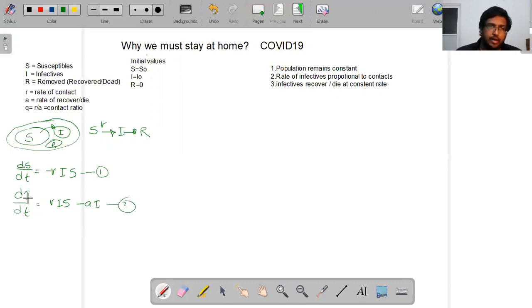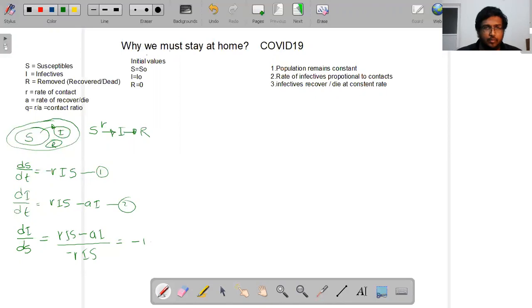Now we can divide the second one by the first one, to get dI over dS. The dI part is R I S minus A I, divided by minus R I S. Now we can simplify this.